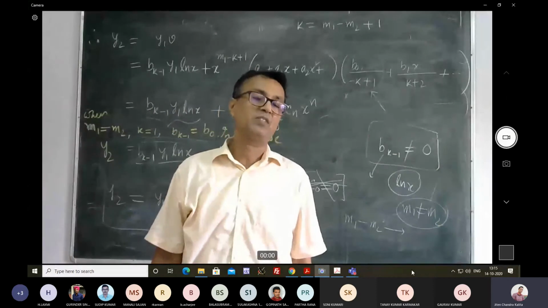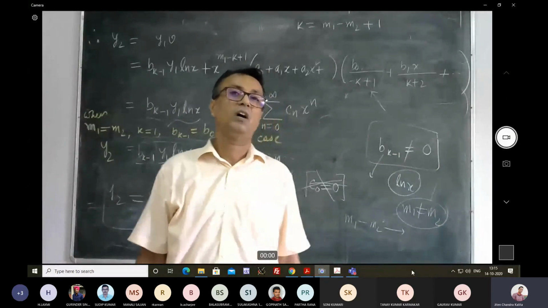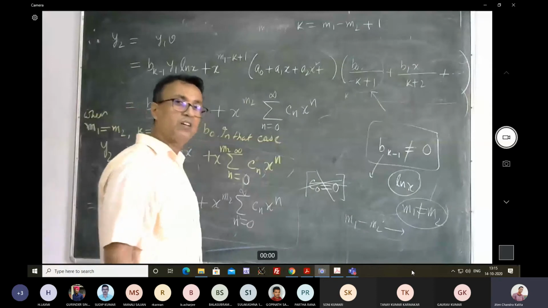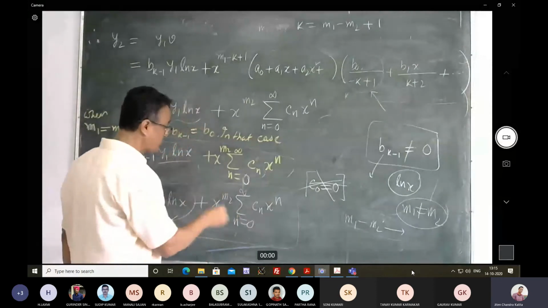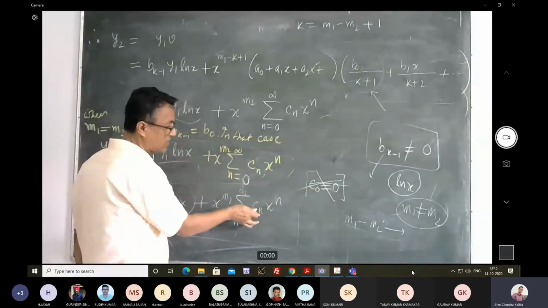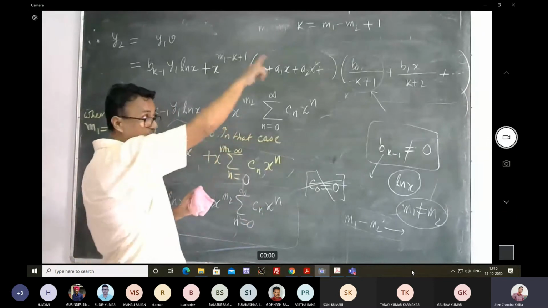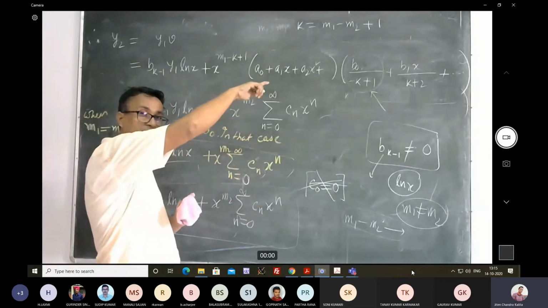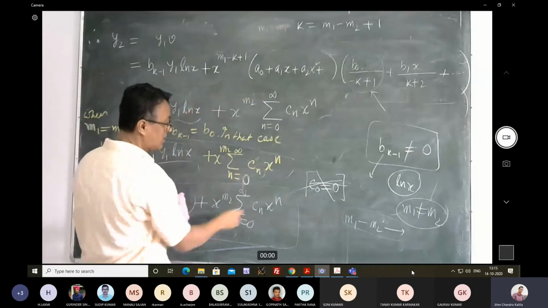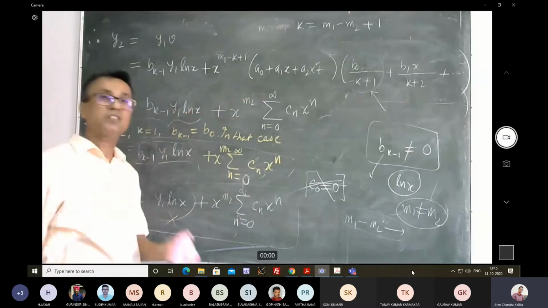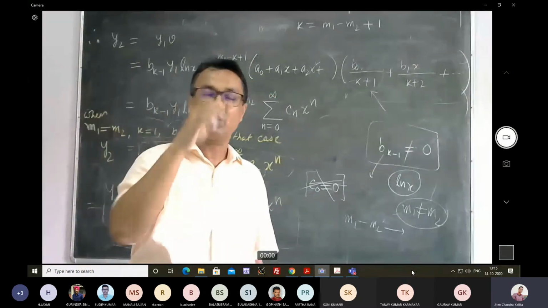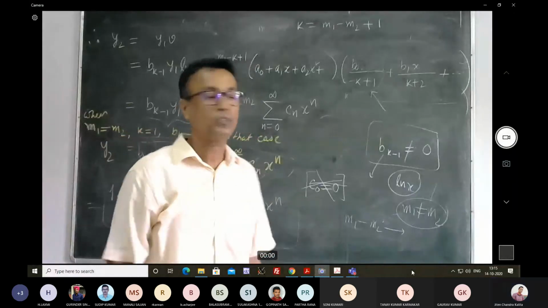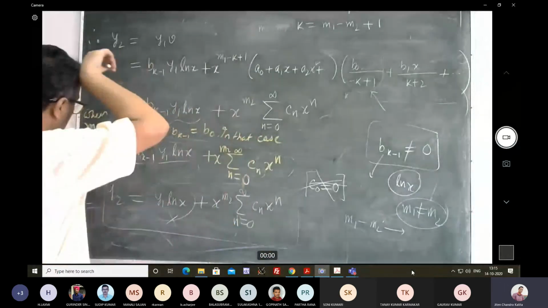I think there are many ways through which you can obtain Bessel's function of zeroth order. One of the ways I am going to show you. There you will see that only when this C naught is equal to 0, when both roots of the indicial equation are equal, only then Bessel's function of the second kind is going to work.